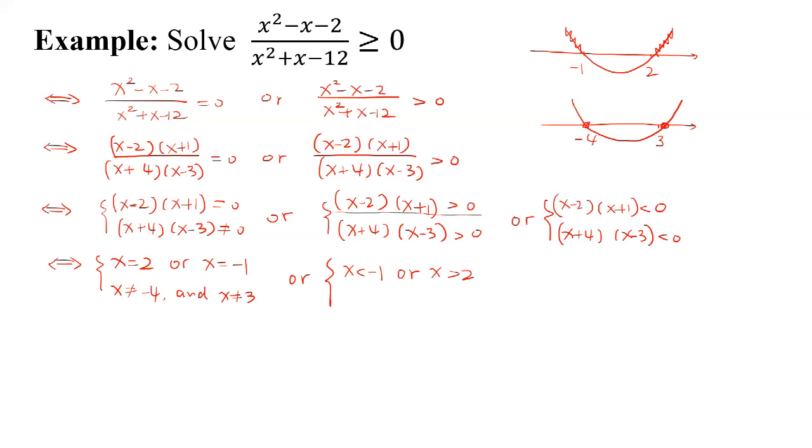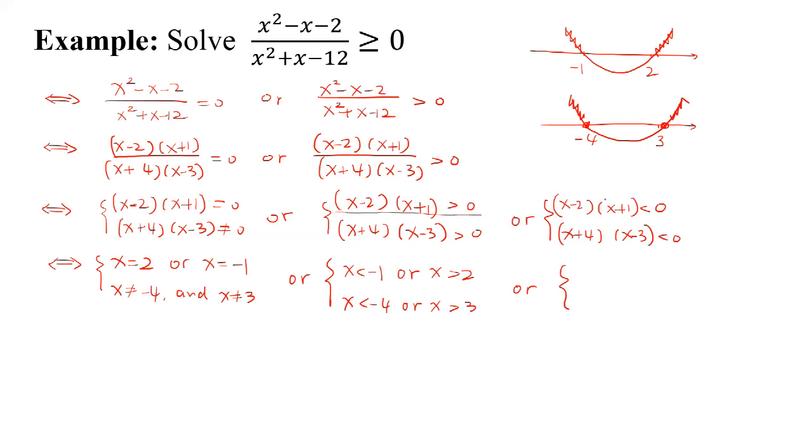So it has a sketch like this, right? In order to have it greater than 0, x should be less than minus 4 or greater than 3, right? The solutions are x less than minus 4 or x greater than 3, right?